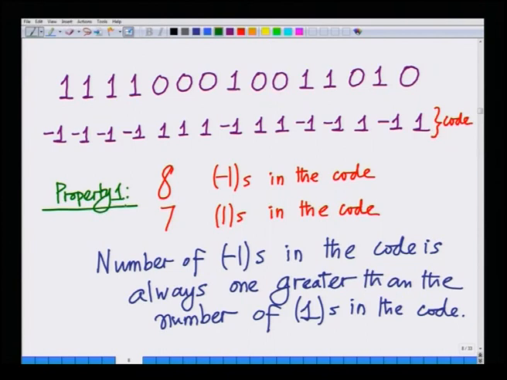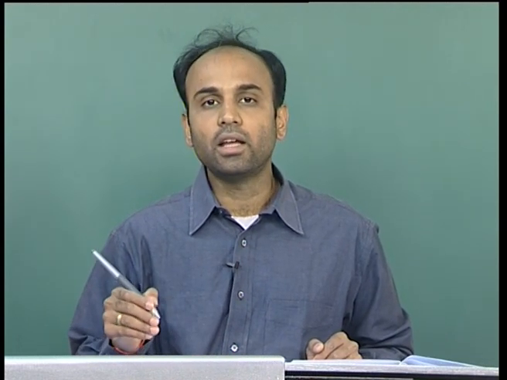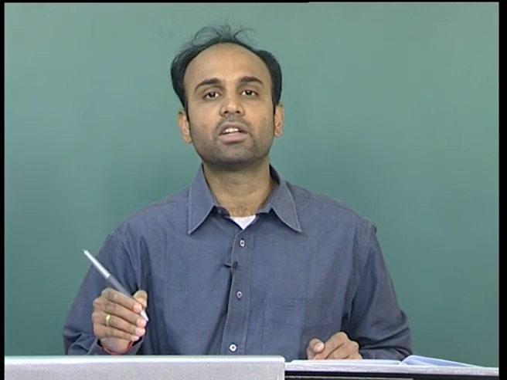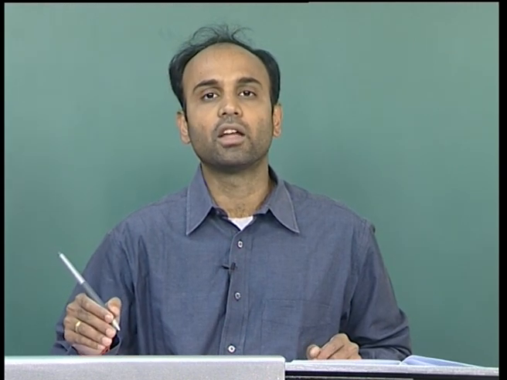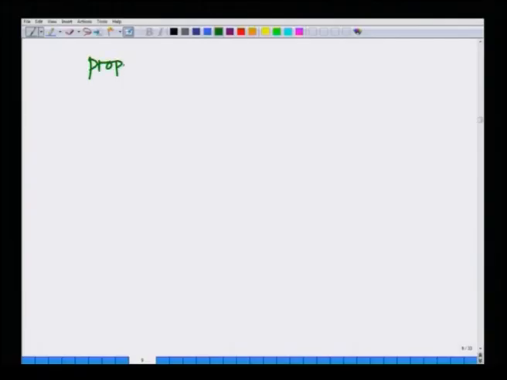Now, property 2 is also known as the run length property. Let me illustrate that property 2 here. A run is any string of continuous values. That is, if I have a string of 1 1 1, that is one run. If I have a string of minus 1 minus 1 minus 1, that is one run. So, let me write property 2.